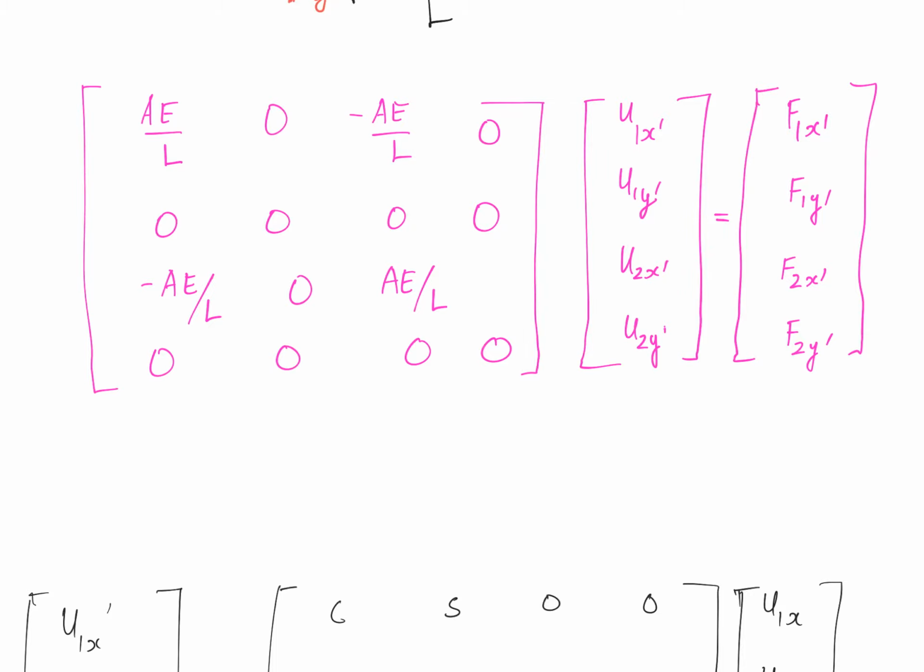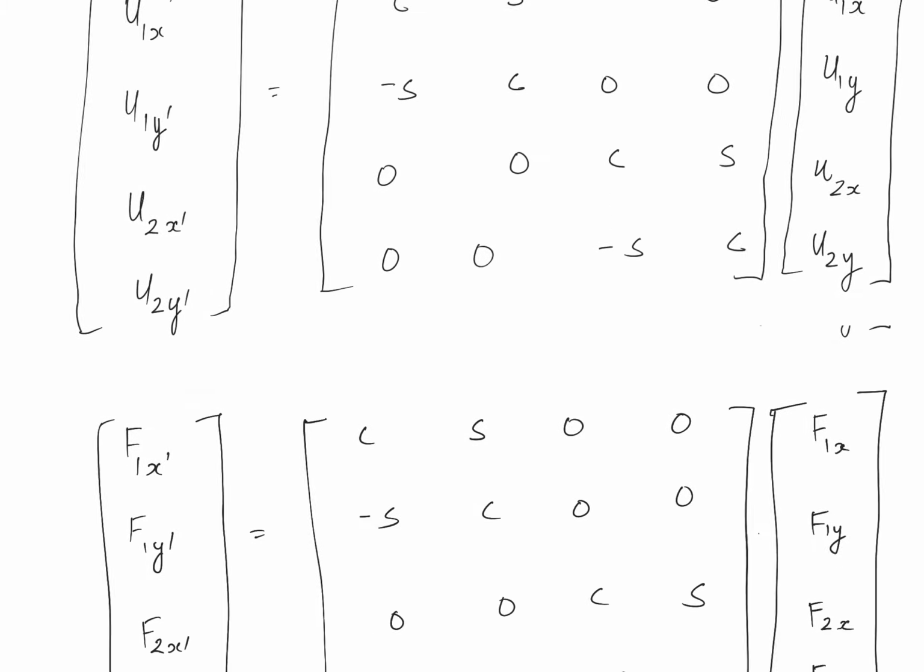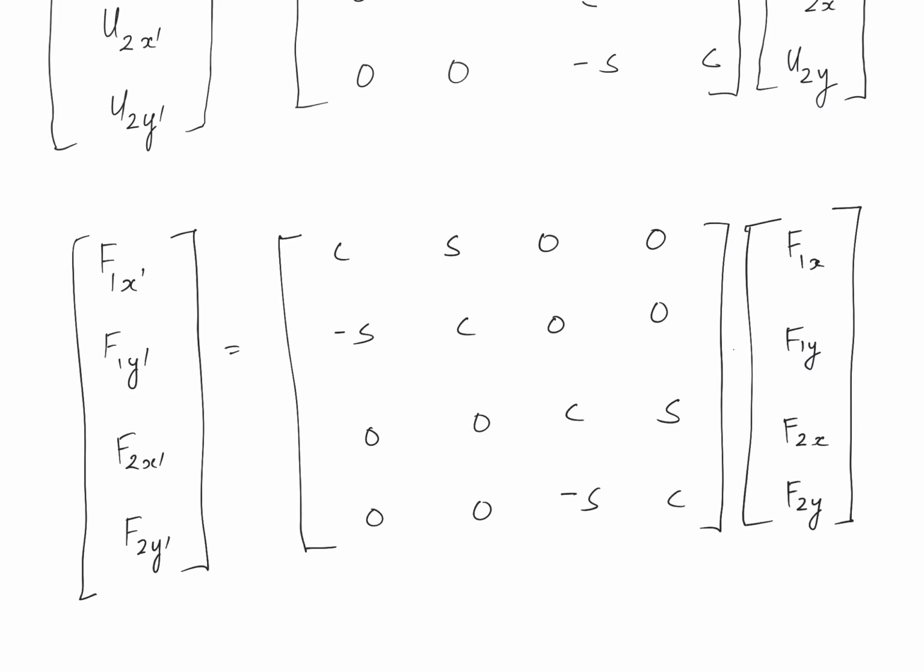We are substituting for this here. As we come down, see, this is a vector. This vector is related to the same vector in the xy coordinates. It is related to this matrix. Similarly, this is the force acting at node 2 in the xy coordinate system. It is related to the same vector in the x prime y prime coordinate system using this matrix.